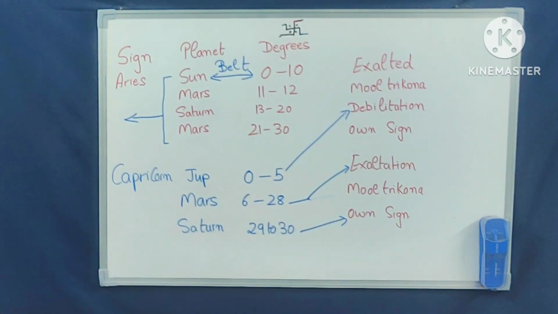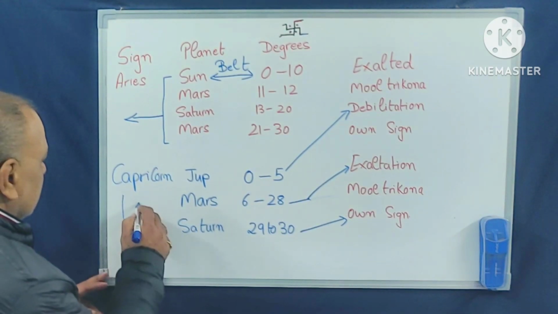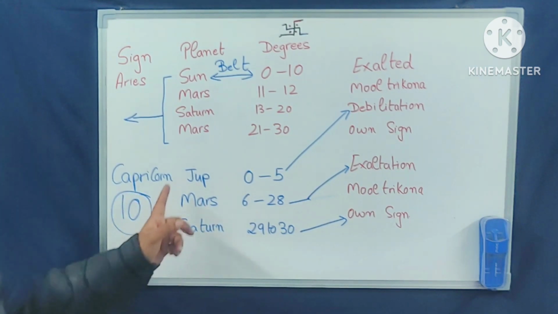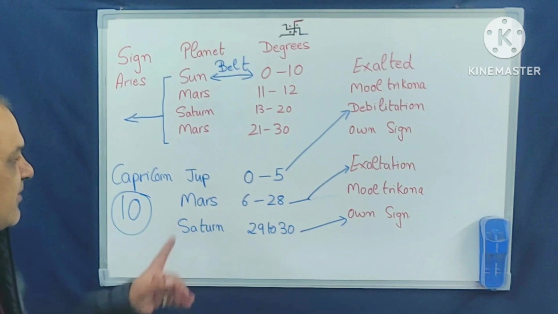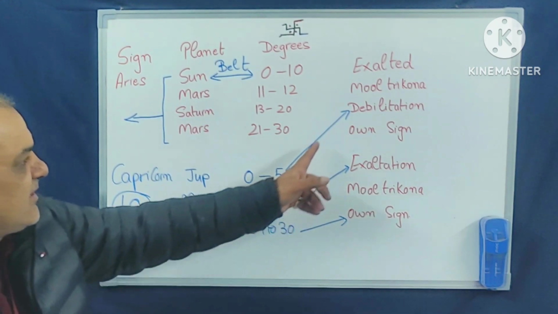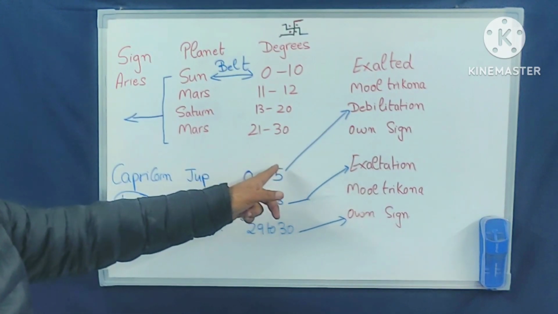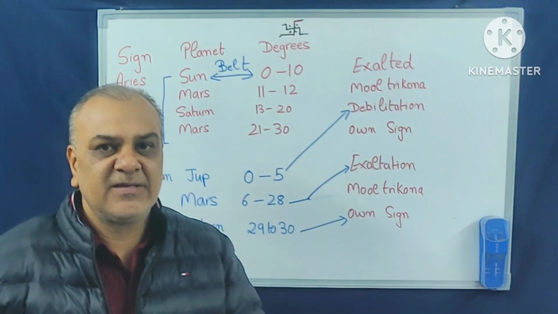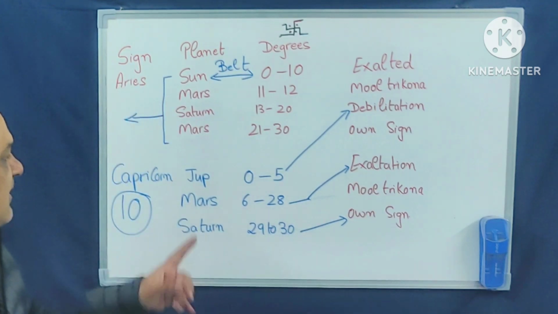Capricorn. Capricorn means number 10 sign. So in the number 10 sign, when Jupiter is placed in Capricorn at 0 to 5 degrees, then it is considered to be debilitated. Jupiter is considered very weak here. It is a debilitation sign for Jupiter.